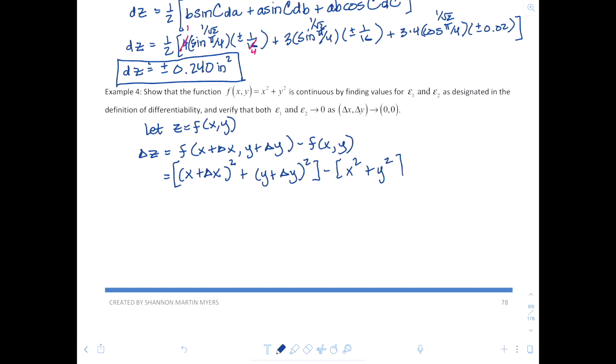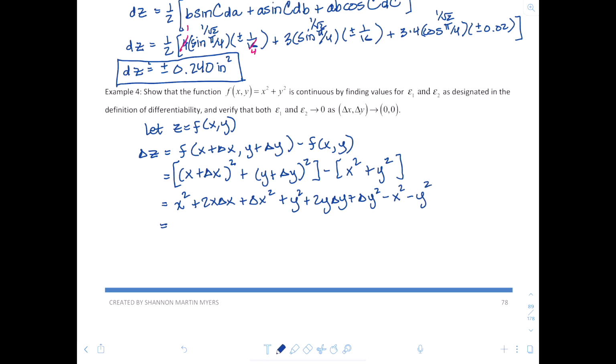Cool? Okay. So now I'll just crunch it all out. We have x squared plus 2x delta x plus delta x squared plus y squared plus 2y delta y plus delta y squared minus x squared minus y squared.